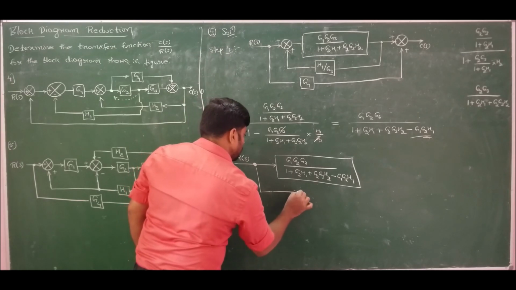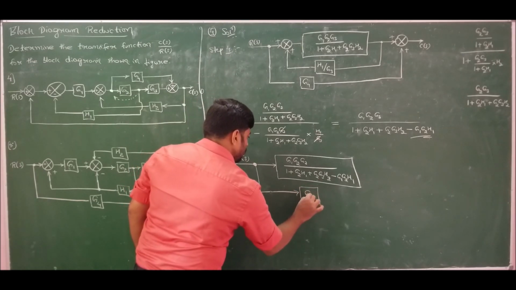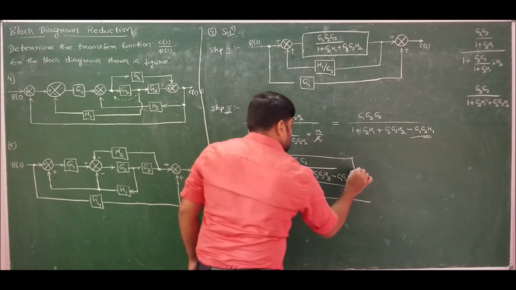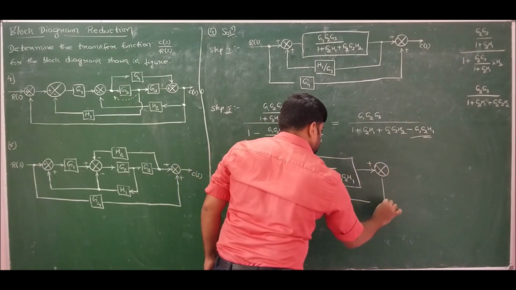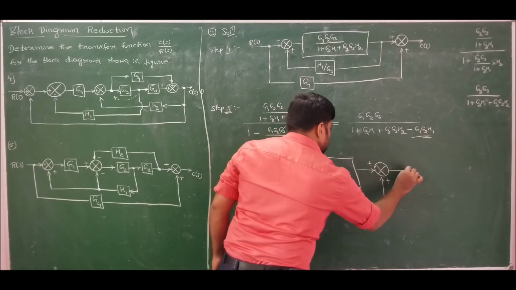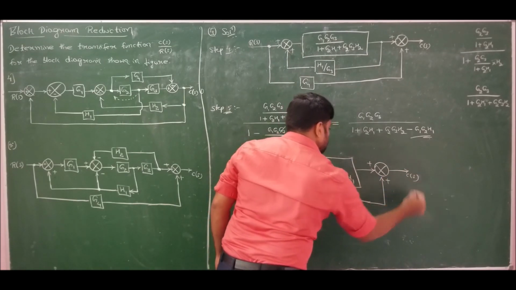So this is in parallel with another block G4. So those two will be added up here, plus, we have C of s.